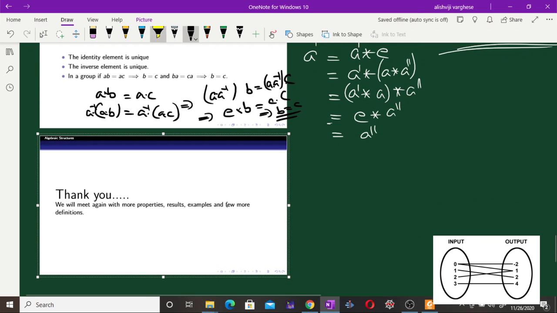For the time being, we are just winding up here, and in our next classes, we will go through some more properties of groups, some more results regarding groups and subgroups, a few more examples of groups and a few more definitions related to groups, an important theorem known as Lagrange's theorem, and some extensions of the concept of group, etc. So for the time being, thank you.